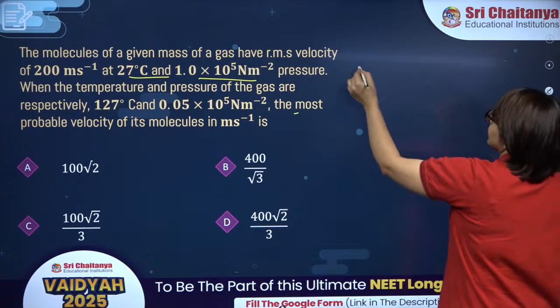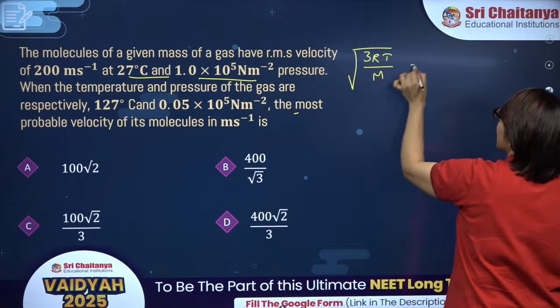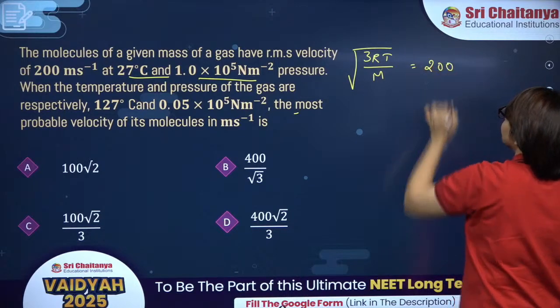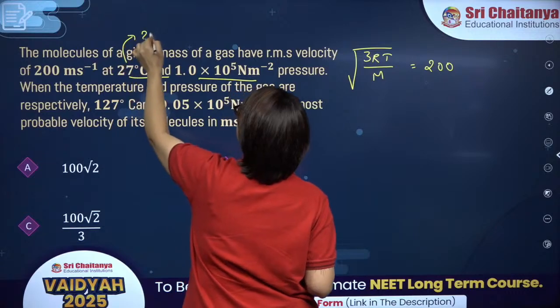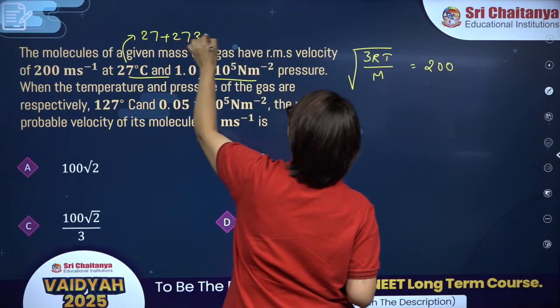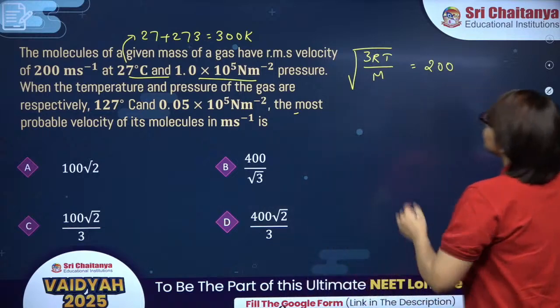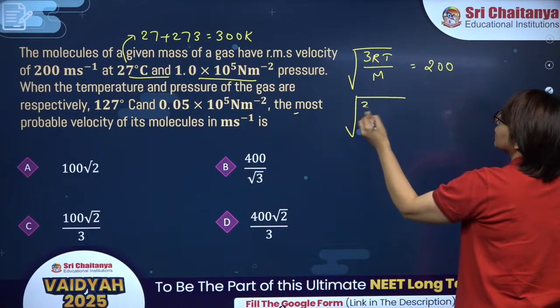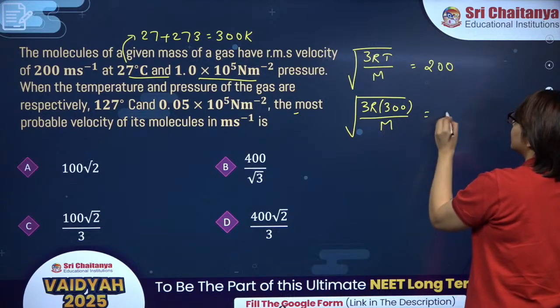VRMS is under root of 3RT divided by M, and it is equal to 200. We are calculating VRMS at temperature 27 degrees Celsius, which is 27 plus 273, which is 300 Kelvin, right? So it will be under root of 3R times 300 divided by M.